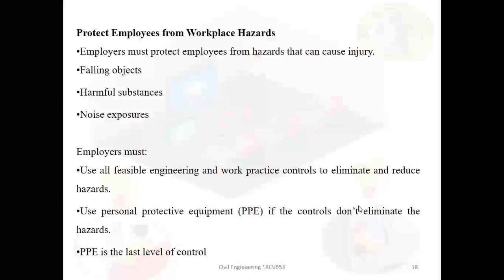So, protecting employees from workplace hazards: they should be aware of falling objects, harmful substances, and noise exposure, and employers must use all the feasible engineering and work practice controls to eliminate and reduce the hazards.